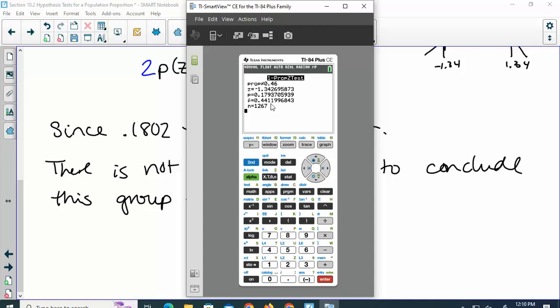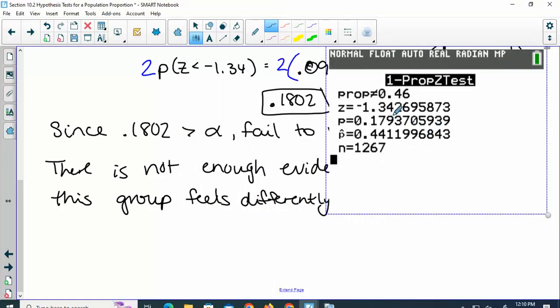And then we get our probability. Slightly different because it's just a little more precise than ours. It takes the probability to more decimal places, so then when you multiply by 2, it changes it slightly, but they are very close. All right, questions on that?